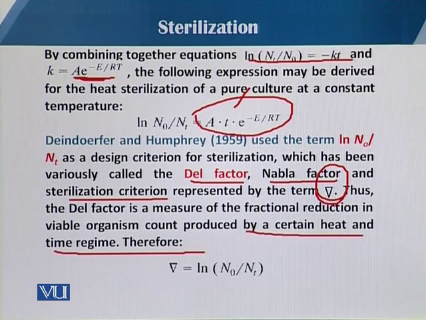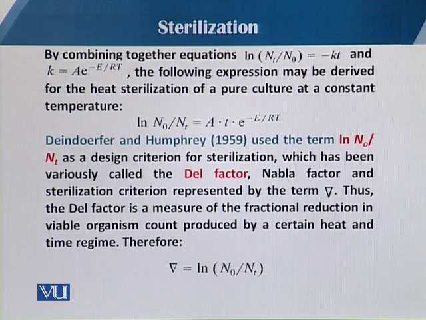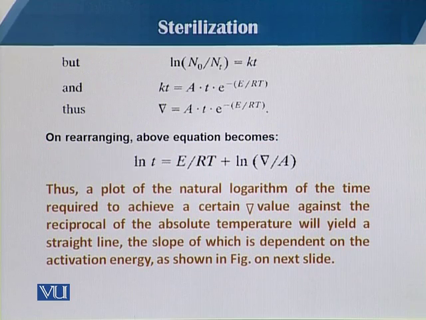So the Del factor is equal to ln(N0/Nt). This basically shows the fractional reduction in the viable organisms with respect to the heat and the time of heat treatment.